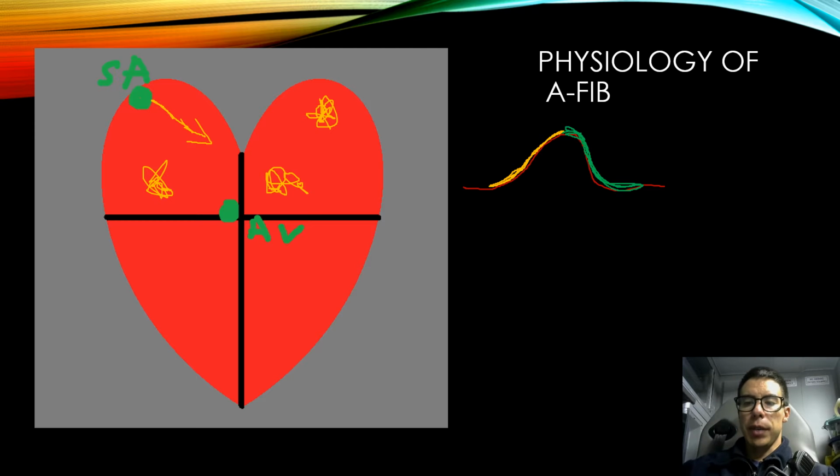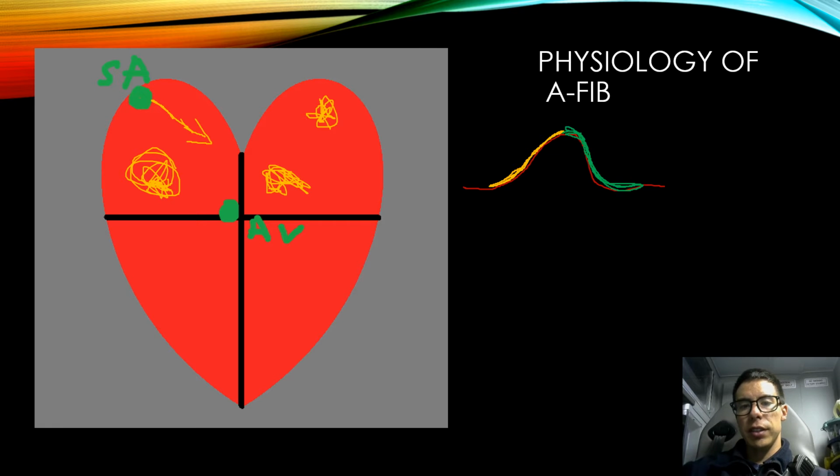But then if you think about all the areas that will be depolarized and in either absolute or relative refractory, it's going to be very off with each other. It's not going to be that normal one direction flow that it's used to. So say over in this area, it's ready for another beat, but over here it's not.